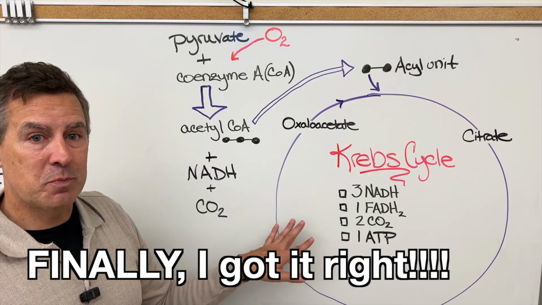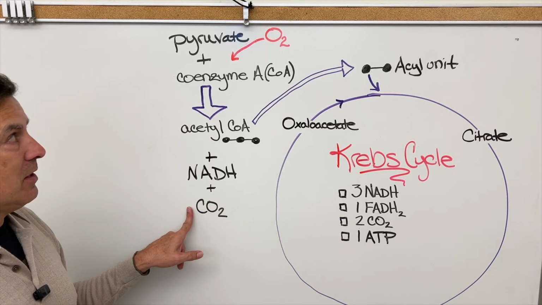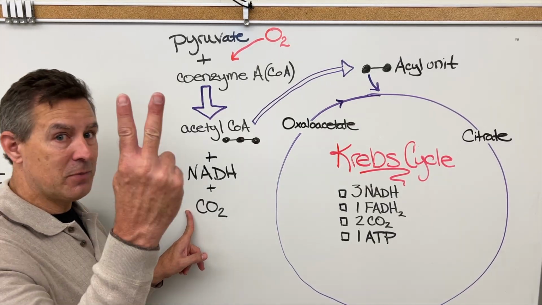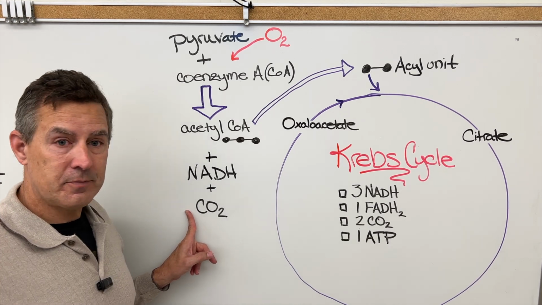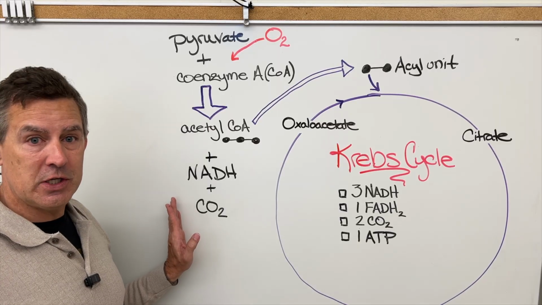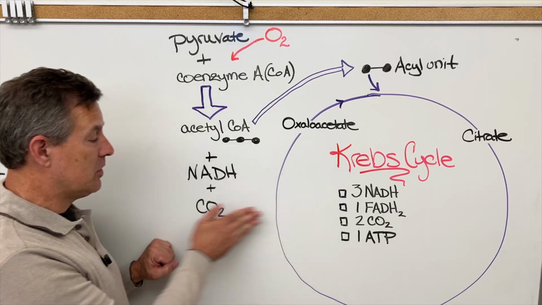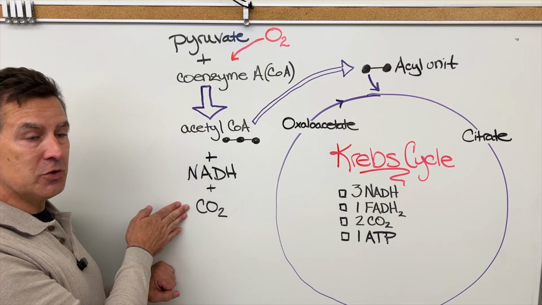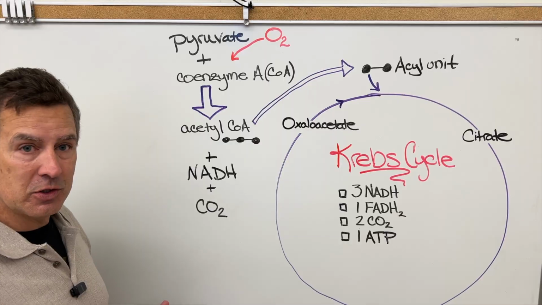So the Krebs cycle is producing 4 CO2 molecules. And here, the conversion of pyruvate to acetyl-coenzyme A, when it happens twice, because there's 2 pyruvate molecules from glycolysis, this produces 2 CO2. So we're going to have 4 CO2 molecules from the Krebs cycle and 2 CO2 molecules in this conversion, which is a total of 6 carbon dioxide molecules.